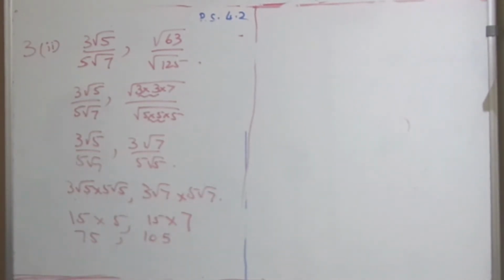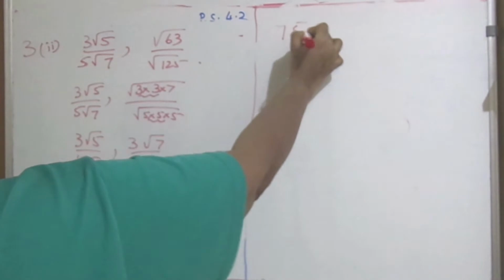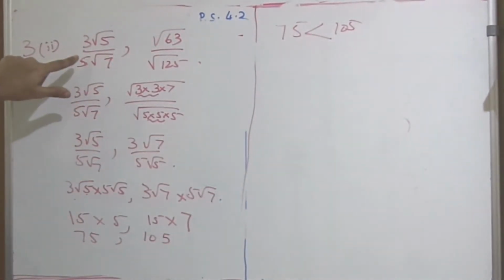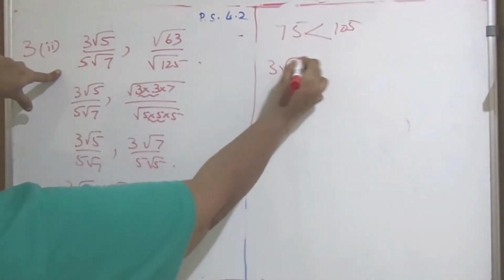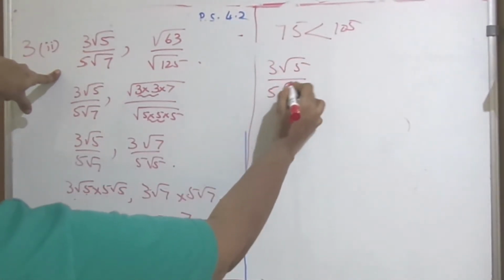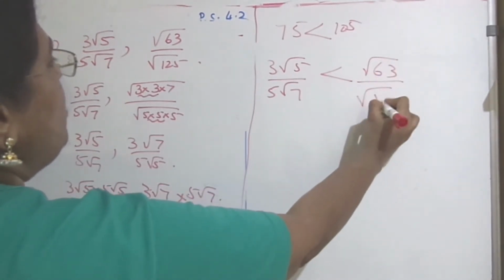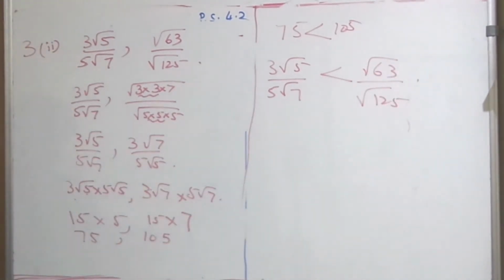Now let us compare. 75 is less than 105. But 75 corresponds to which number? This one. 3 root 5 upon 5 root 7 is less than root 63 upon root 125. Completed.